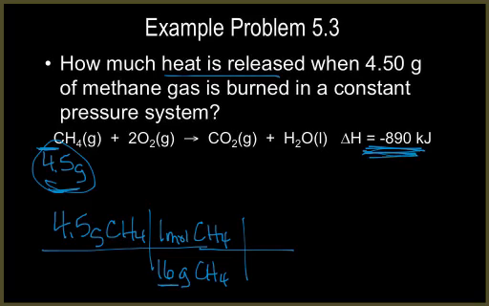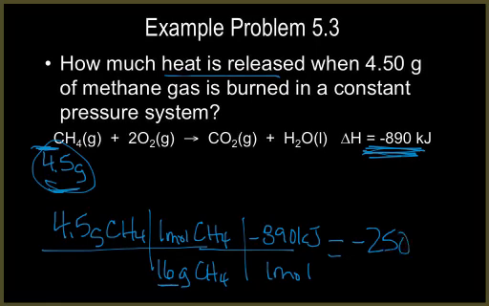And then I know from up here, there are 890 kilojoules of energy released per 1 mole, because that's the coefficient in front of my CH4 in my problem. I go through and do this, and I end up with negative 250 kilojoules. That means for every 4.5 grams that is burned, I release 250 kilojoules of heat.